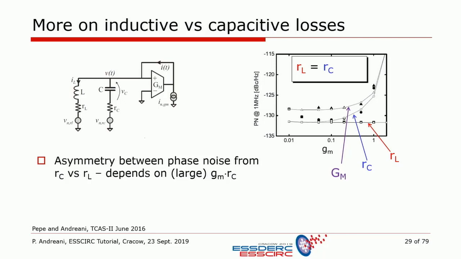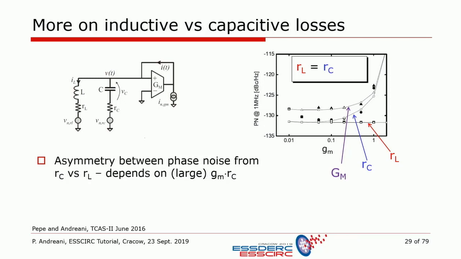So we have seen in one of the very first slides that we could compact capacitive losses and inductive losses into the same parallel resistance, and we didn't really differentiate between the two. This is very often true. Almost in almost all cases, it is true. But in general, it is not.